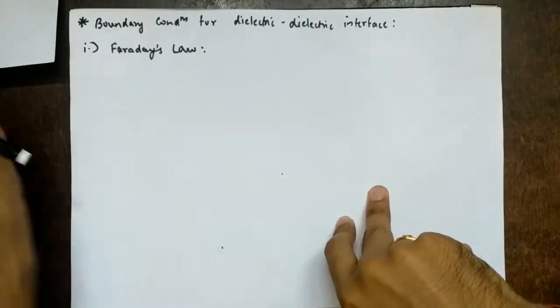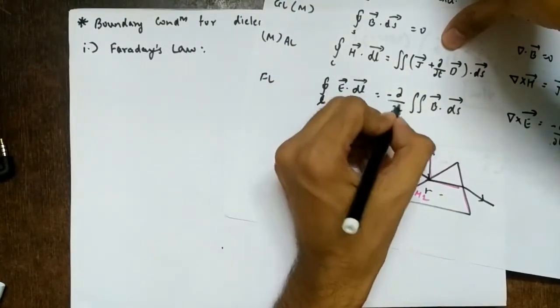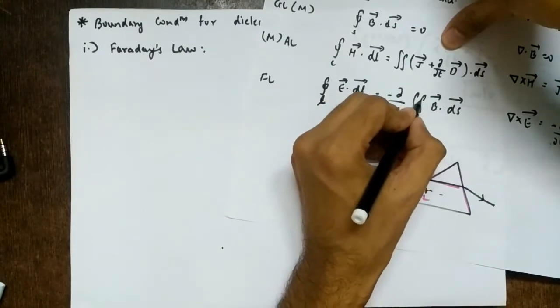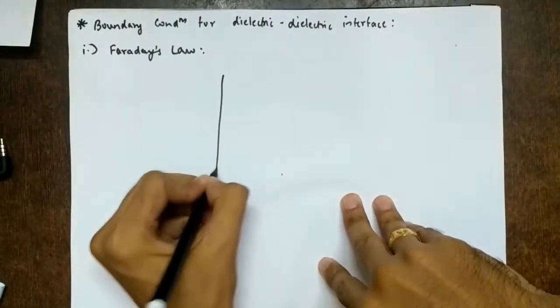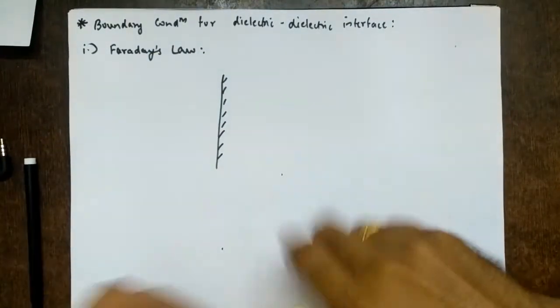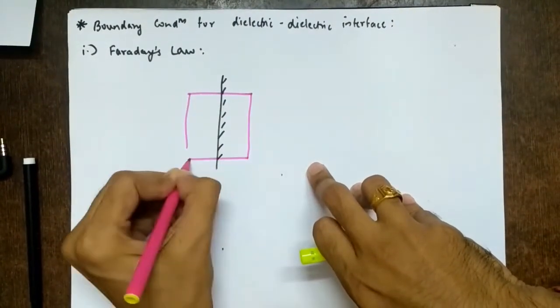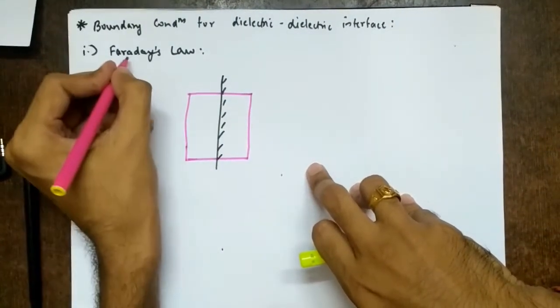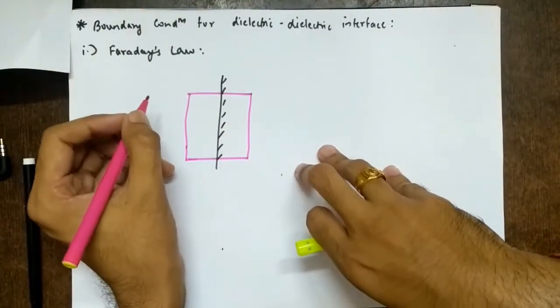So what is Faraday's law? Closed line integral of E vector dot dl vector is minus dabba by dabba t surface integral of B vector dot dS vector. So obviously I'll require a boundary. Let's say this is my boundary, and let me draw a rectangle. Okay. So in Faraday's law, what comes? We have electric field E vector, right? Corresponding to this boundary we can divide the electric field into 2 components.